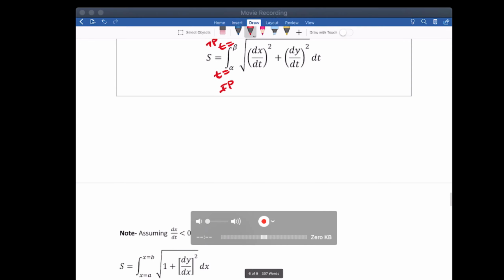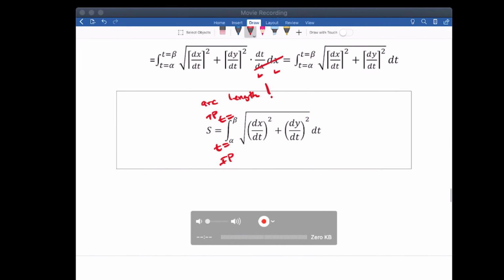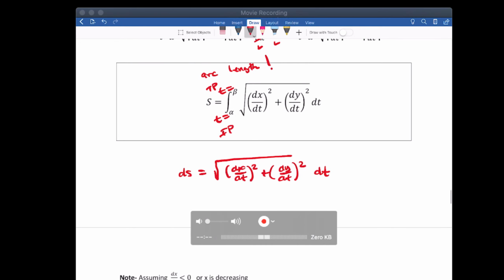And I want to remark here that this also means that ds equals the square root of (dx/dt) squared plus (dy/dt) squared dt. So we're also going to use this as well.